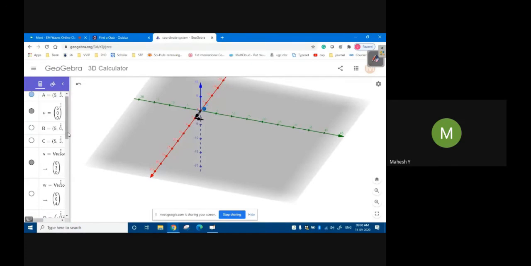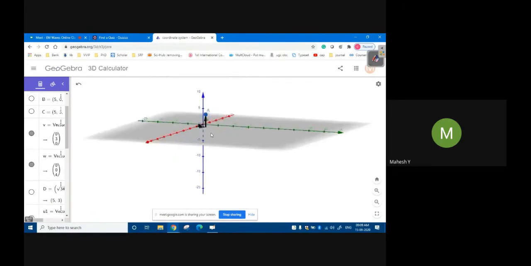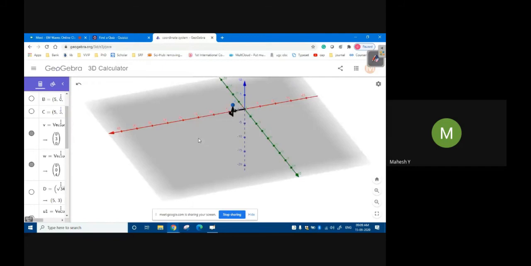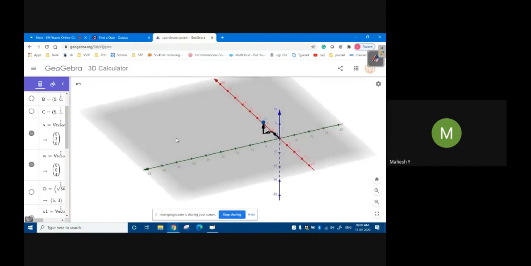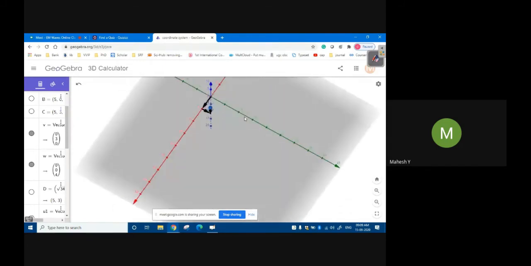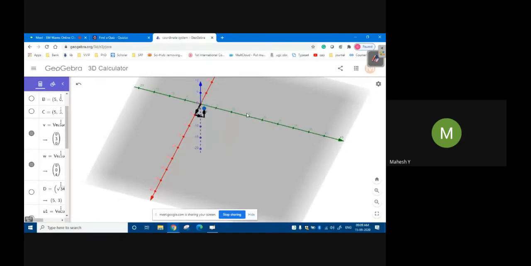And the third step is I have to reach the z point, that is 4 along the z-axis. So this is how we reach the point, and this is actually the intersection of rectangular planes x equal to 5, y equal to 3, and z equal to 4. So this is the method called the Cartesian system.